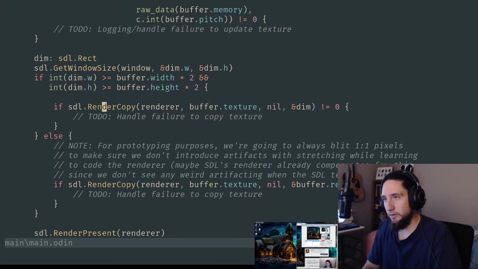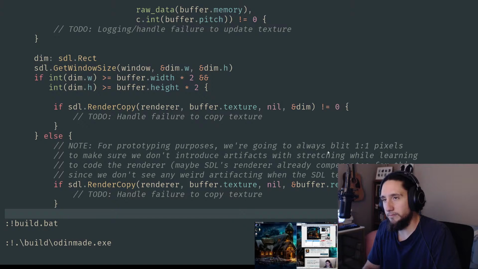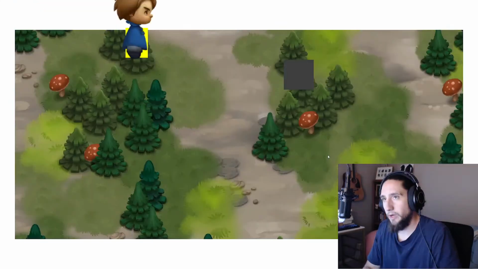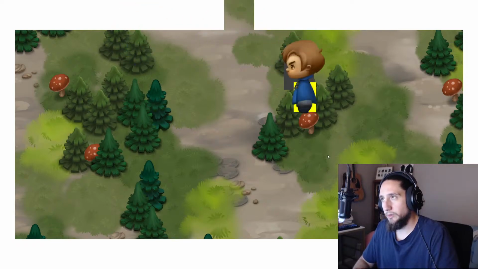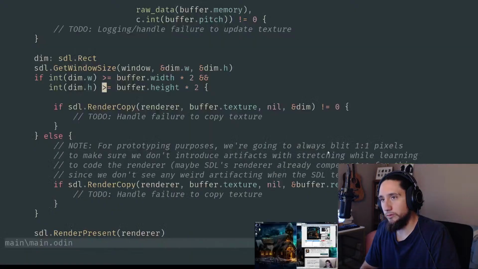Casey does this a little bit differently, he actually draws it out to be exactly the buffer width and height times 2, but I'm just stretching it out over the whole thing because I don't really care. I can understand how to change it back if I'm so inclined, but I wanted it to go over the entire screen like so because that's what his does, but he's on 1080p and I'm on 1440p, so I just wanted to be able to see that stretched out nicely across the entire window.